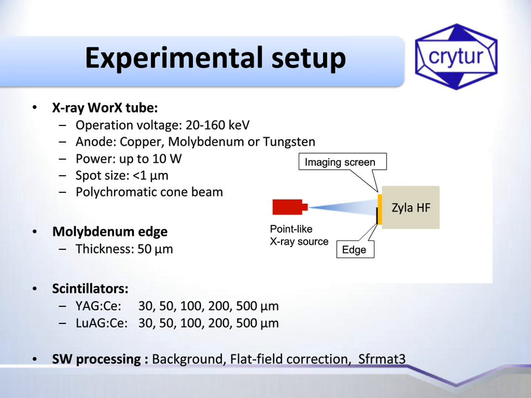And this system provides a polychromatic cone beam. So if you put a sample somewhere between the detector and the X-ray source, it will be magnified. So you need to avoid this magnification by putting the edge on top of an imaging screen, which is coupled by fiber optics to the Zyla HF. For the slanted edge, we use a molybdenum edge of 50 microns, and we tested different scintillators in a range from 30 microns to 500 microns or 200 microns.